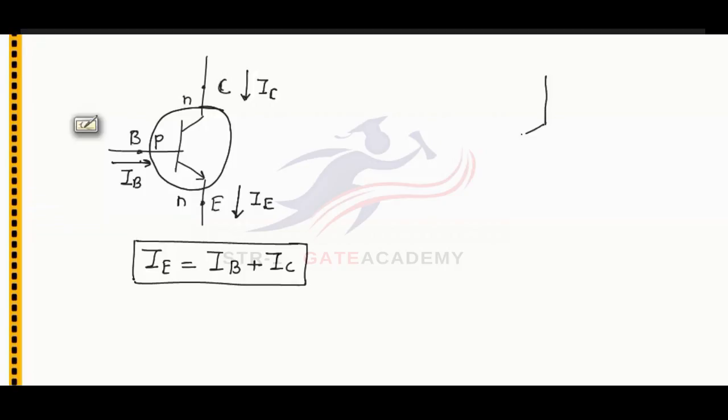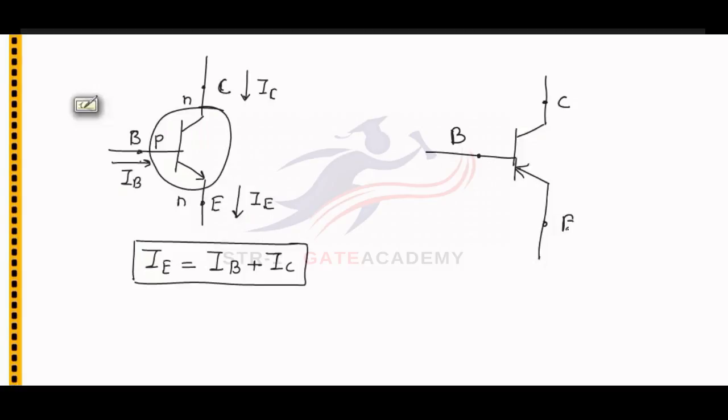Now this is the symbol for a PNP transistor. In PNP transistor, collector will be P-type region, base will be N-type region, and emitter will be a P-type region.